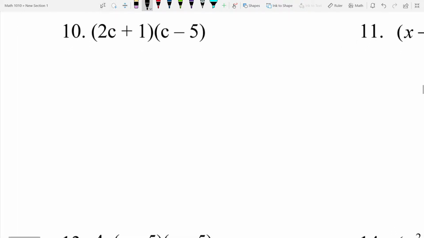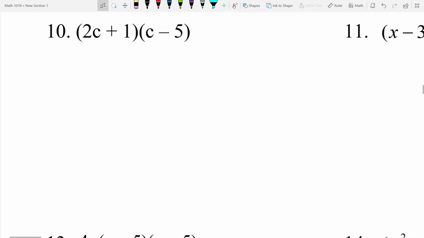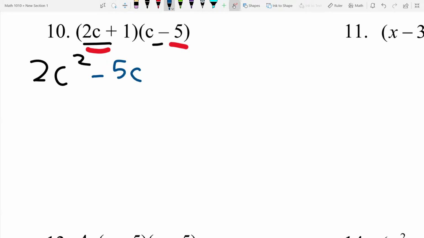Okay, so 2c times 1c is 2c squared. And then outside is 2c times negative 5, which is negative 10. Thank you for correcting me. So this is a minus 10c.